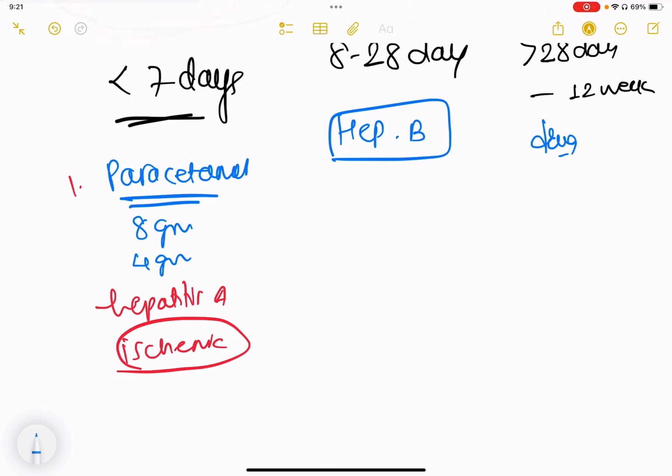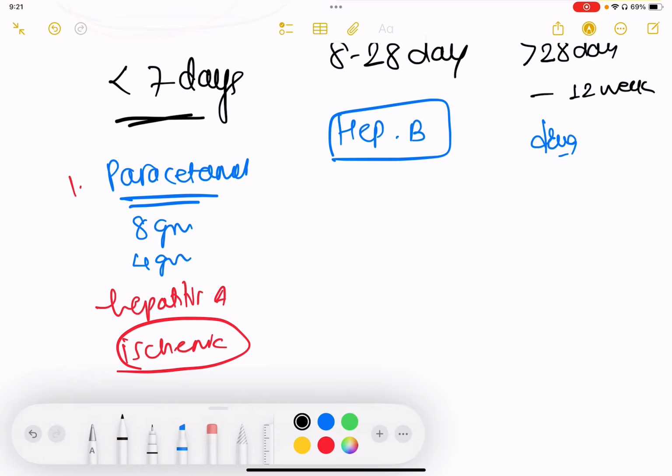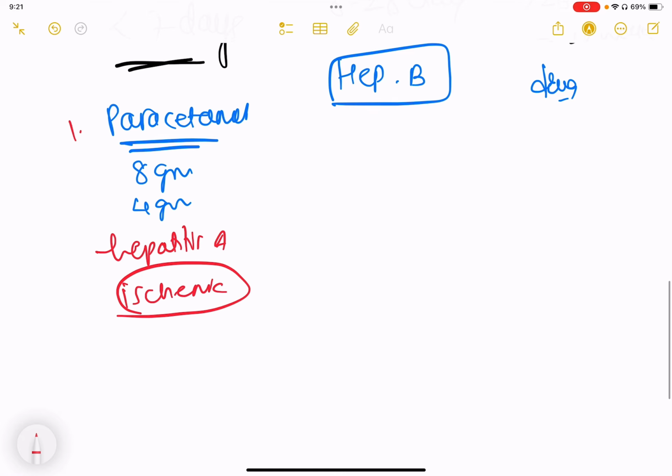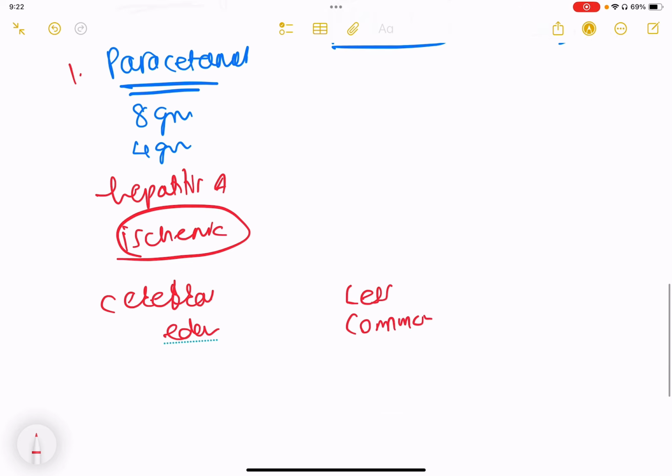Now, why do we need to understand this? Because in hyperacute liver failure, cerebral edema is very, very common. In acute liver failure, cerebral edema is common, but less common compared to hyperacute liver failure.